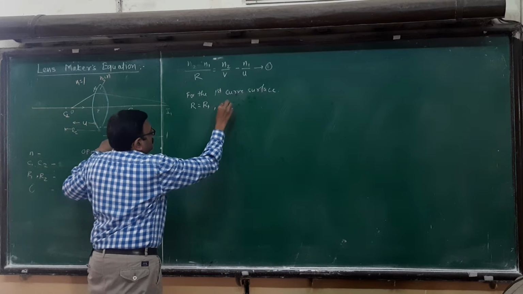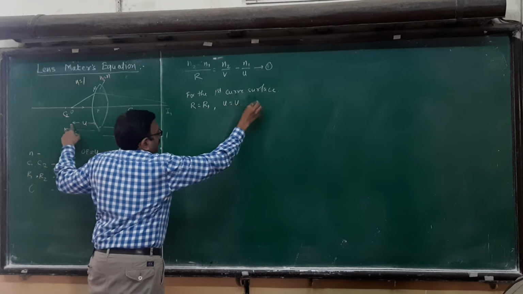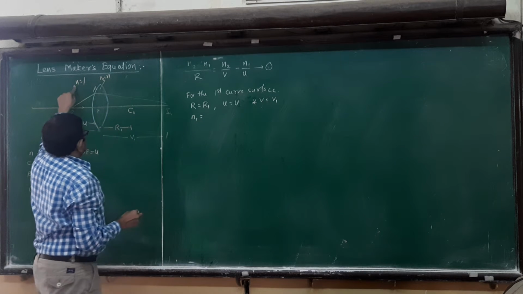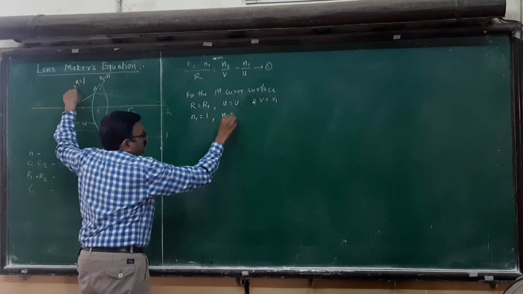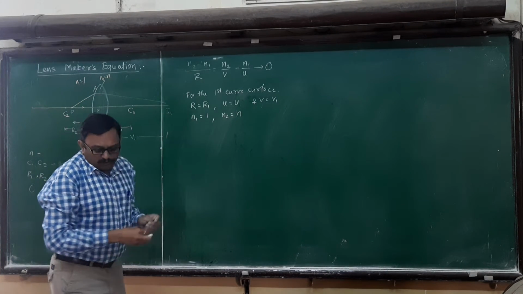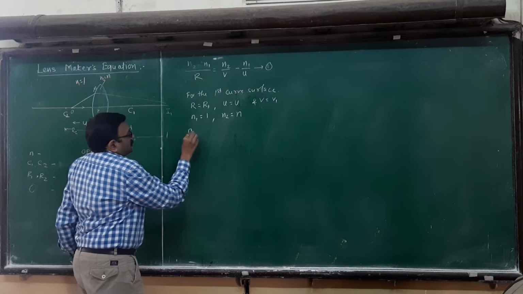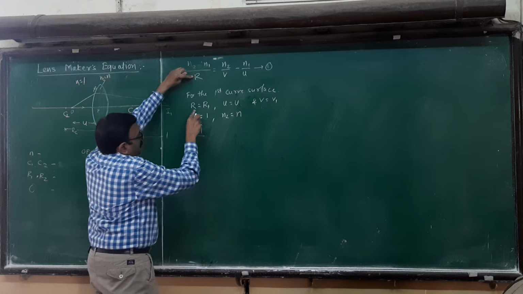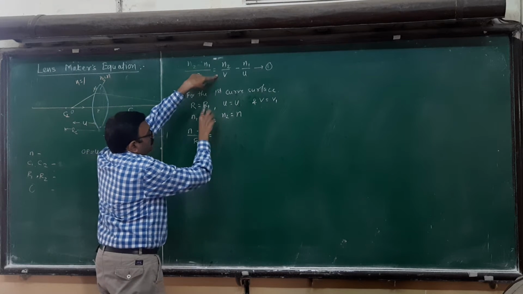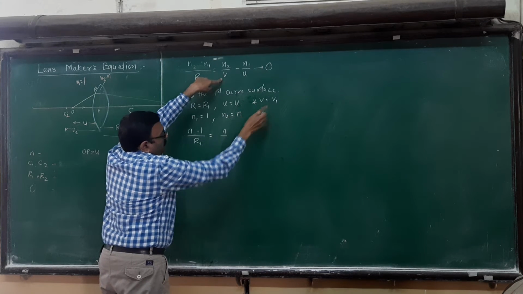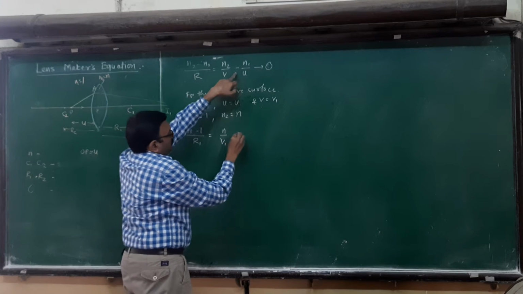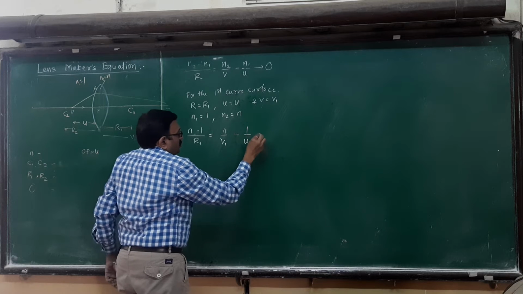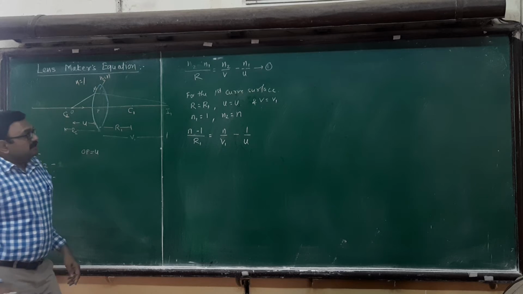Instead of U we substitute U1, and instead of V we substitute V1. Also N1, the refractive index of the first medium, is 1, and N2 is equal to N. Substituting all these values, the equation becomes (N minus 1) upon R1 equals N upon V1, the image distance due to the first curved surface, minus 1 upon U. This is the equation we call equation number 2.